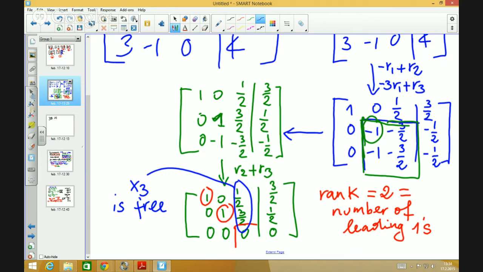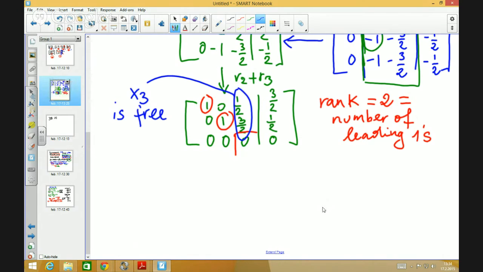So this is an augmented matrix that represents a system of linear equations that has an infinite number of solutions. You can choose whatever value you like for x3, and once you've chosen a value for x3, you get values for x1 and x2 in terms of x3.